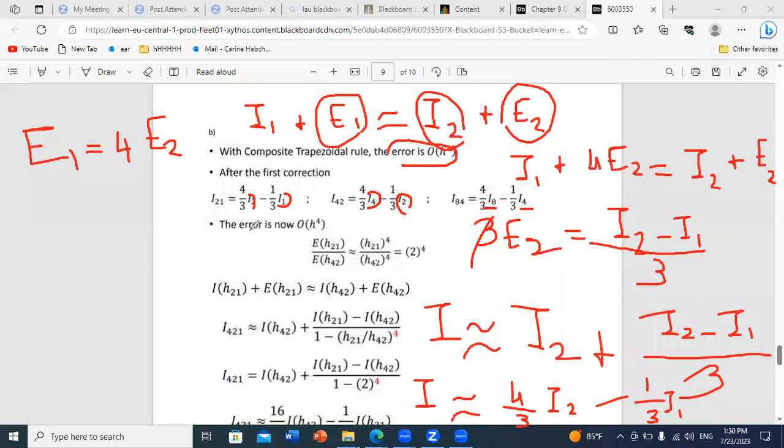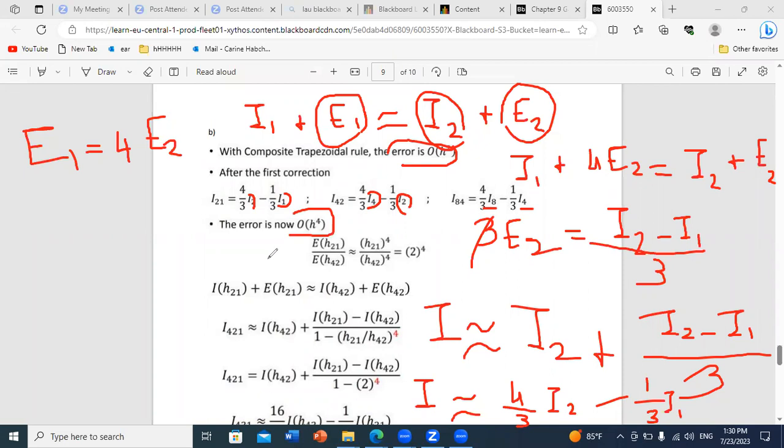When you do the first extrapolation, instead of having error of order h squared, the error will become proportional to h4. And each time you do a new Richardson extrapolation, you gain 2 additional orders of accuracy. When you do it a second time, the error will be of order h6.